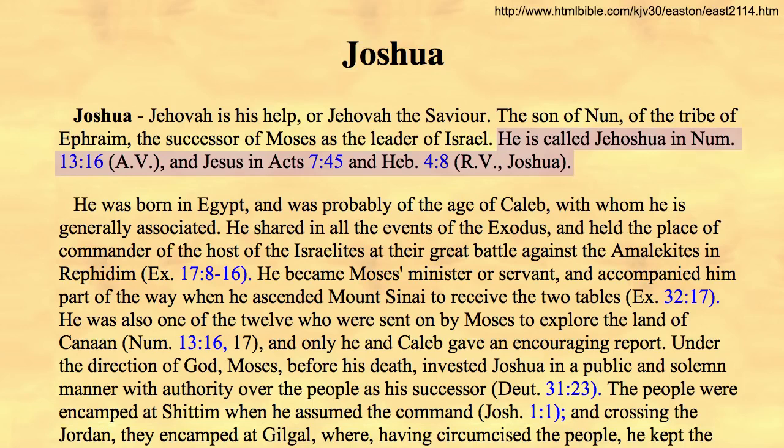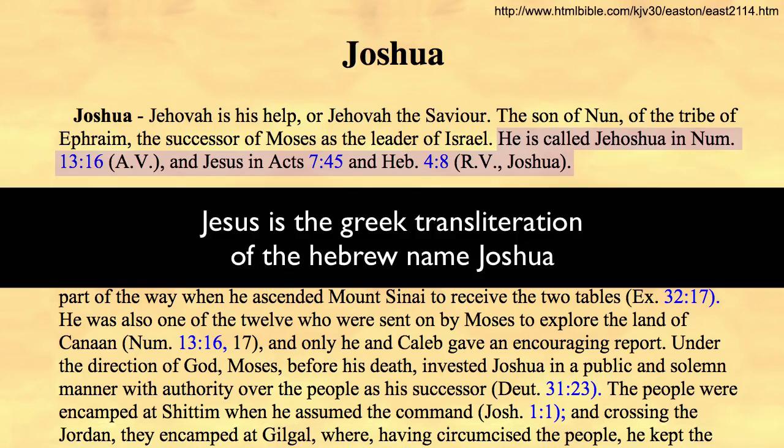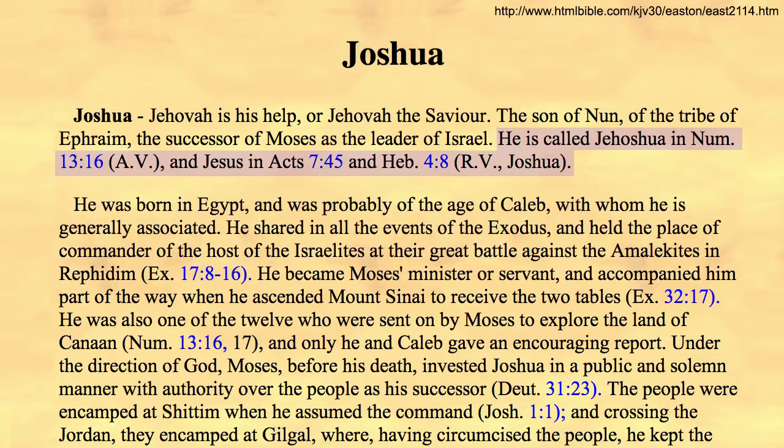So we see that Joshua is called Jesus in Acts 7 and 45. Why? Because it's the same name. Jesus is the Greek transliteration of the Hebrew name Joshua. Now we know that the Messiah was not Greek. He was a Hebrew Israelite. So if he had the same name as Joshua, let's see how to say Joshua in ancient Hebrew.